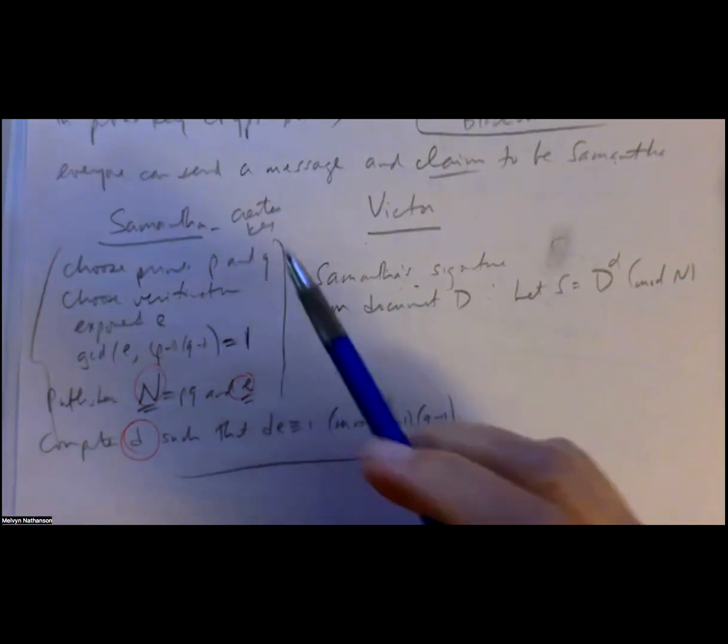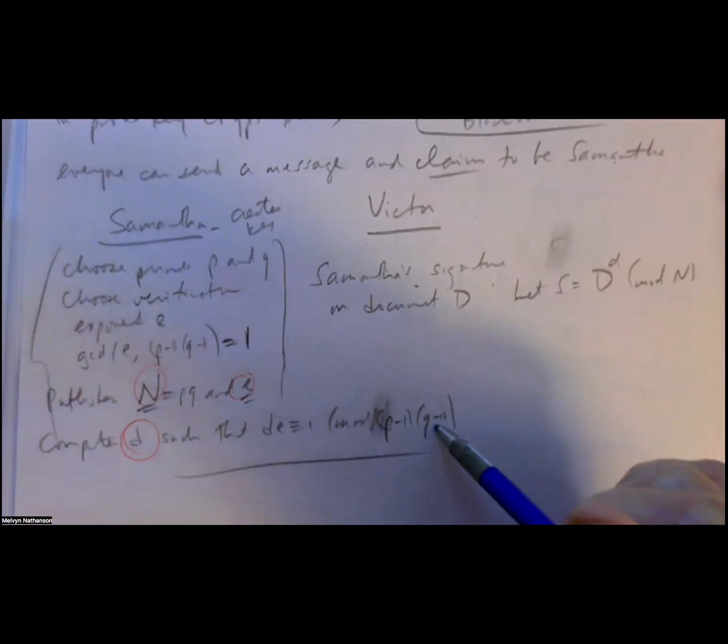She knows P and Q, so she knows P minus 1 and Q minus 1. She can solve this linear congruence. This is all an easy computation. So she knows the number D, and that's her secret.